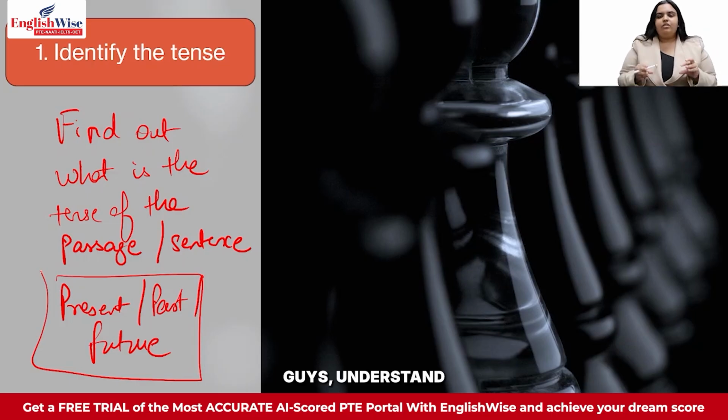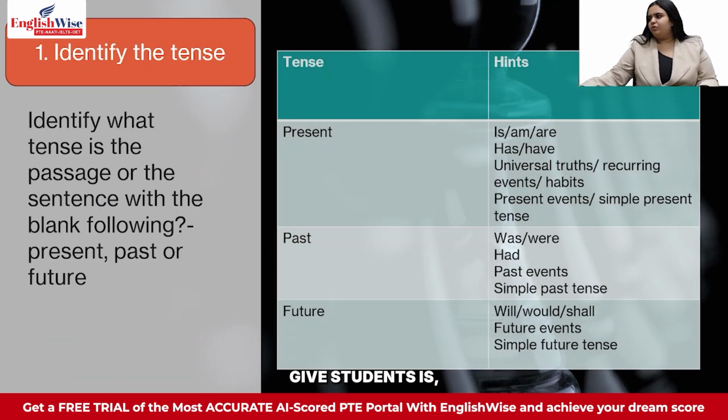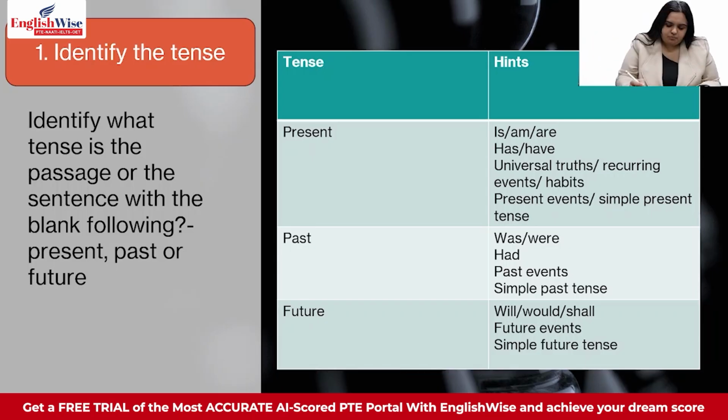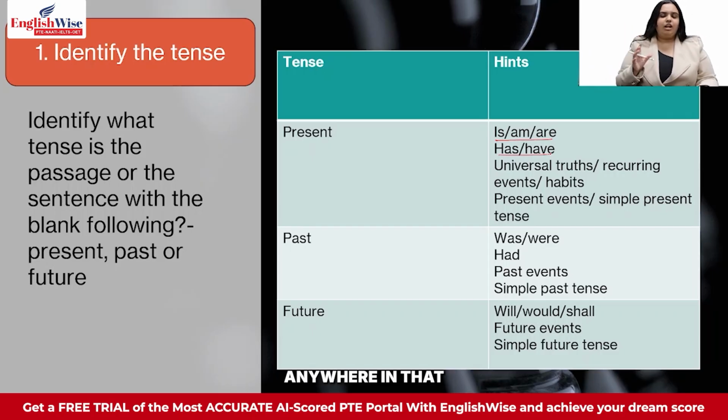Okay, guys, understand one thing, you are solving questions based on tenses, so definitely your first and foremost step is to find out whether it is present, past, or future over there. Okay, now the set of rules that I always give students, these are your set of rules. Whenever you have hints like is, am, are, has, have, if anywhere in that particular sentence or passage you have words like is, am, are, has, have, that means you are talking in present tense.